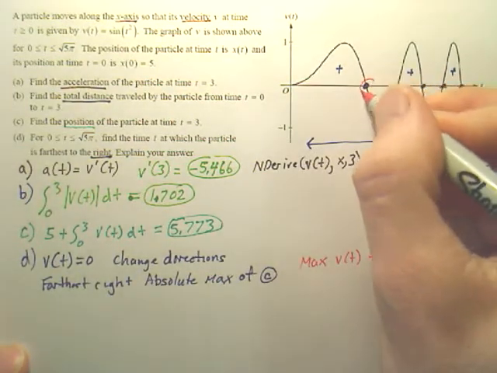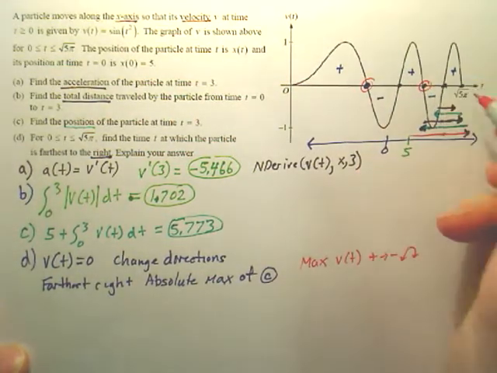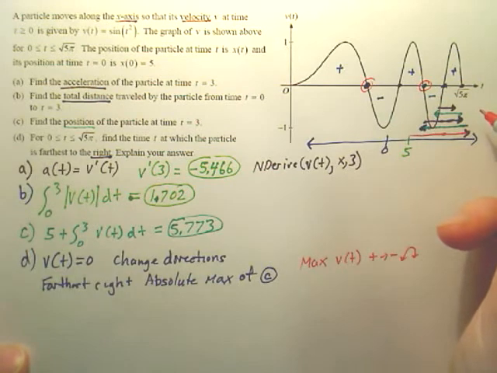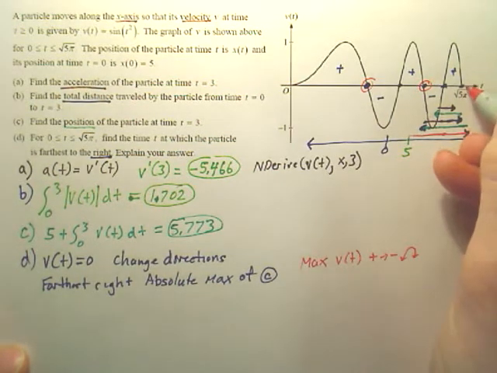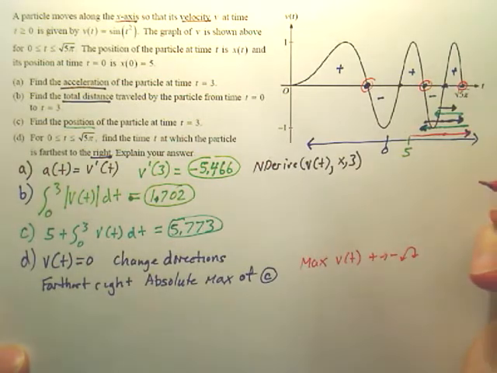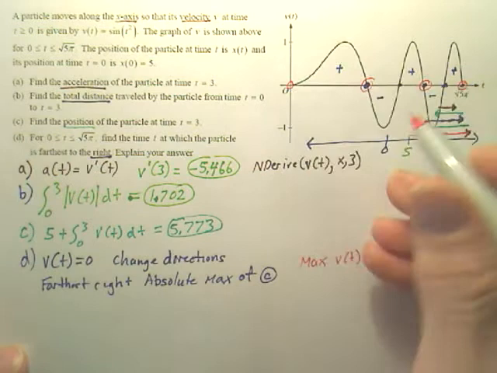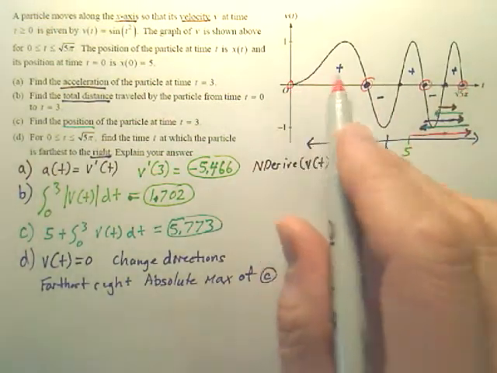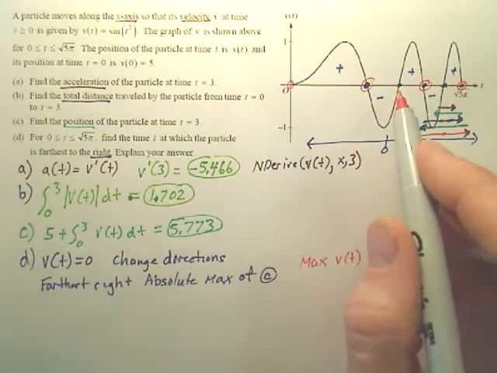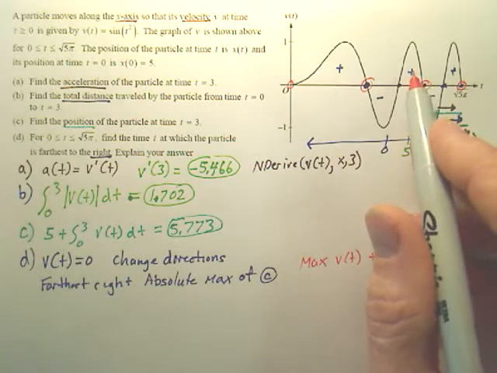So isn't this the only possibility and this the only possibility? Aren't those circled ones the only possible maxes? Because that's a min. Doesn't it go from negative to positive velocities?